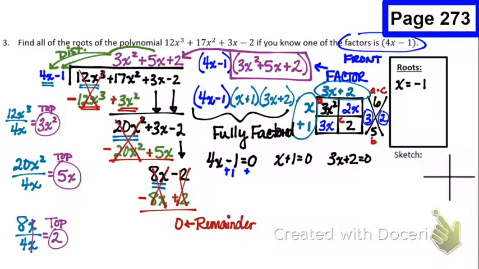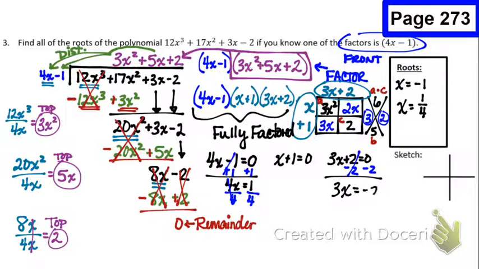We add the 1 to both sides. 4x equals 1, and then divide both sides by 4. So we get 1/4. Yes, or 0.25. What about the other messy one? Negative 2 over 3.